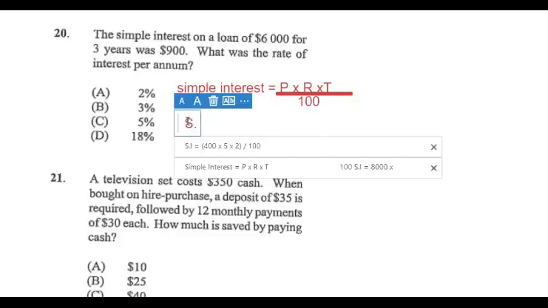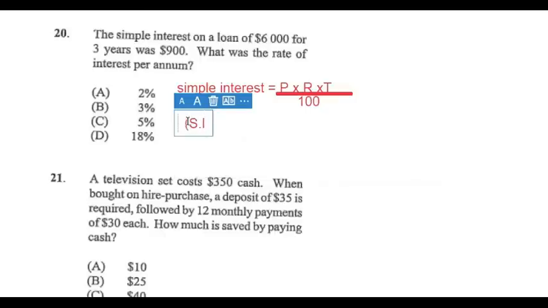So it is simple interest multiplied by 100, and all of that is divided by principal times time, and that is equal to rate.